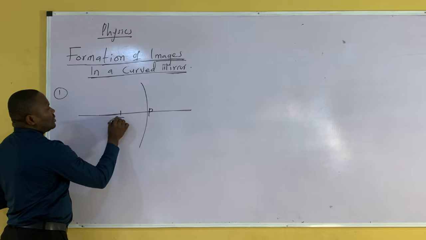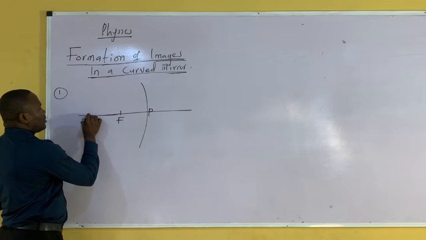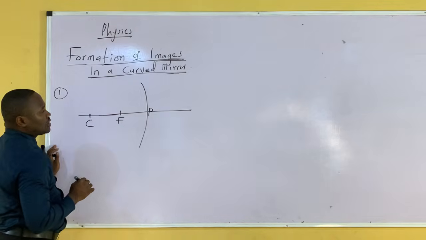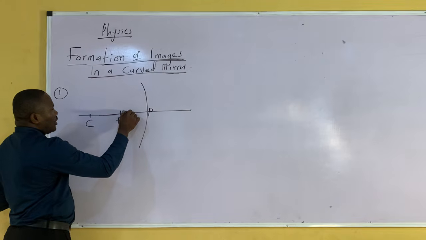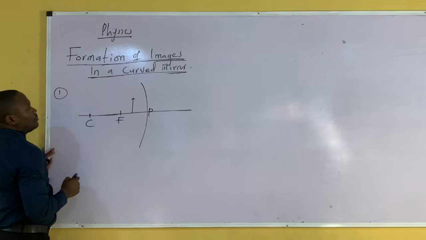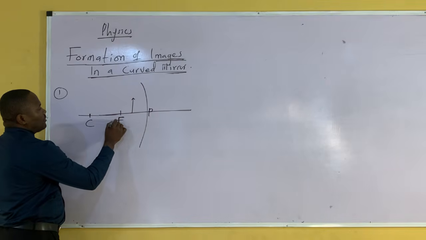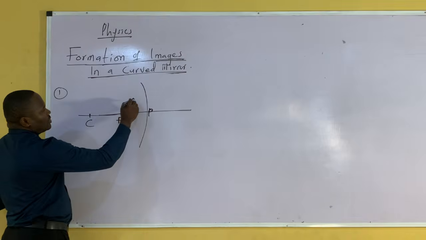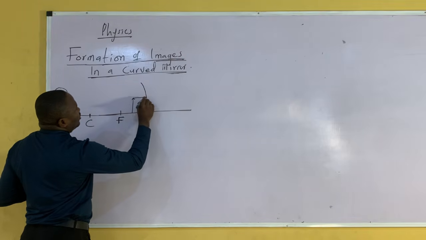We have this to be the principal focus, and this point to be the center of curvature. We are looking first at an object placed between the principal focus and the pole of the mirror.